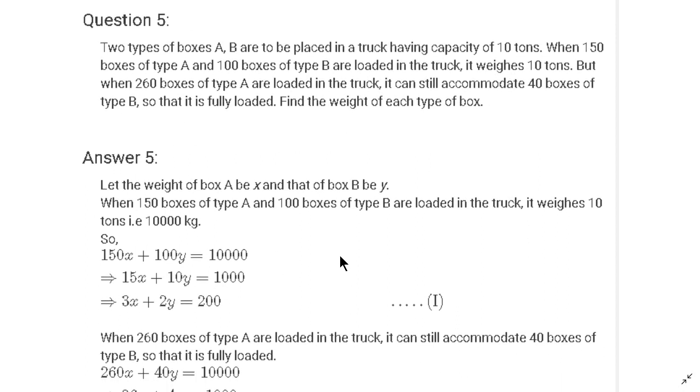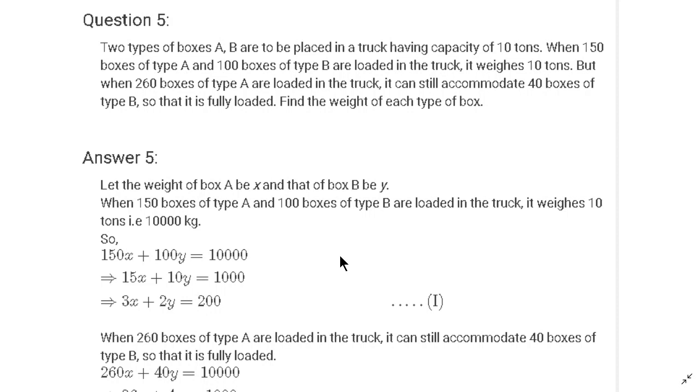Question number 5. What is question number 5? Two types of boxes A and B are to be placed in a truck having a capacity of 10 tons. Some are boxes of type A and some are boxes of type B. When 150 boxes of type A and 100 boxes of type B are loaded in the truck, it weighs 10 tons.